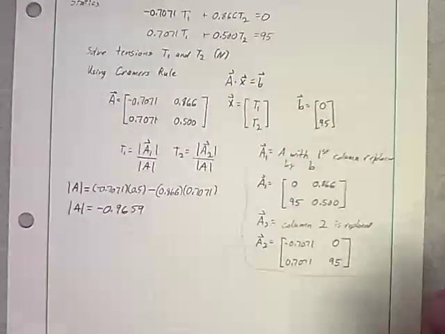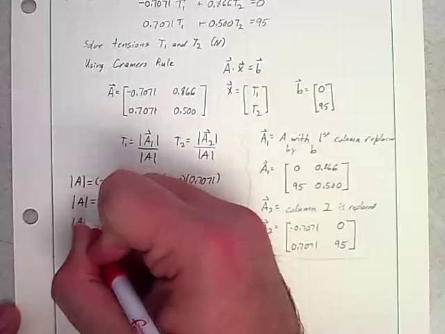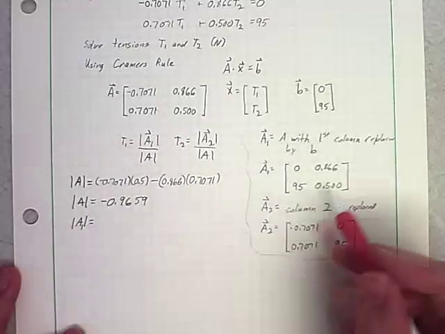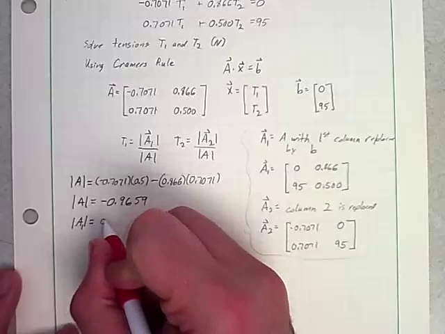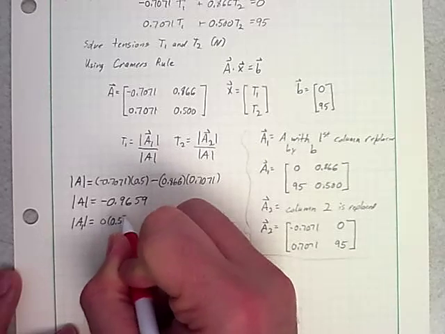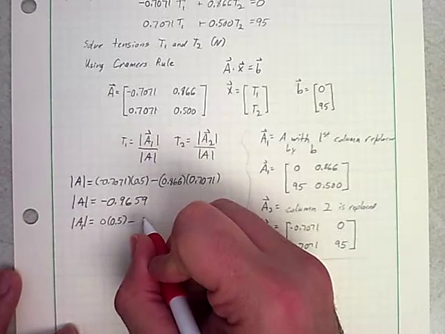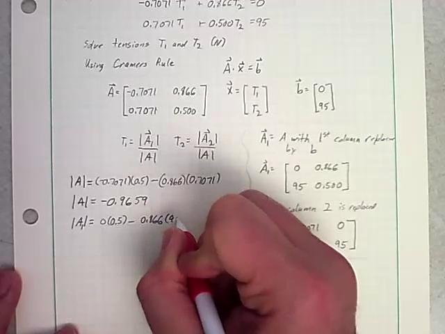That's determinant A. We need to get determinant A1. So we're going to use A1 over here. Well, it's nice that it has a 0 in there. So 0 times 0.5 minus 0.866 times 95.